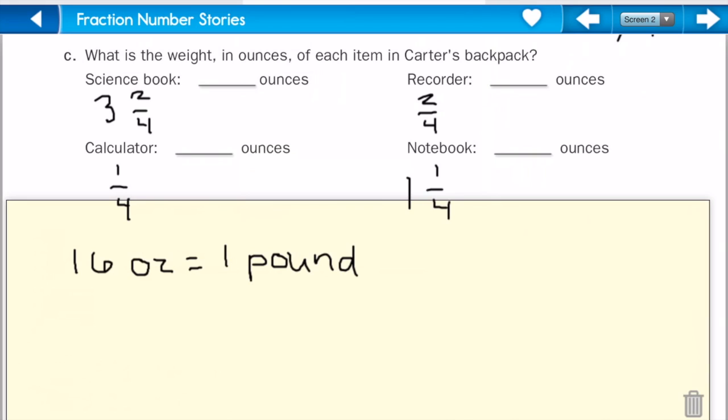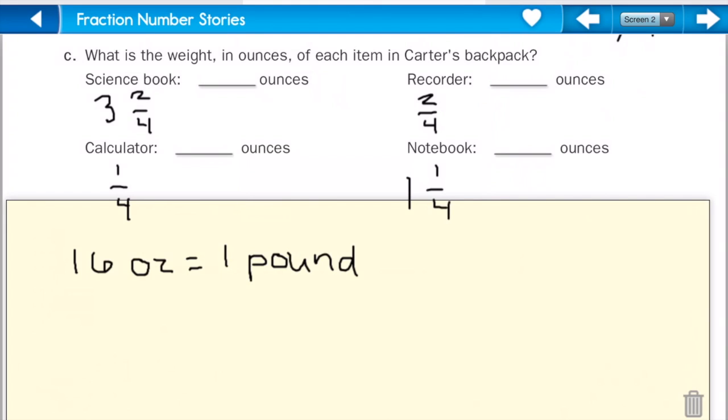So up here, I have 3 and 2/4. So what I'm going to have to do is, I'll either have to add 16 3 times, or I'll have to multiply 16 times 3. Okay? So if I add 16 plus 16, I get 32.